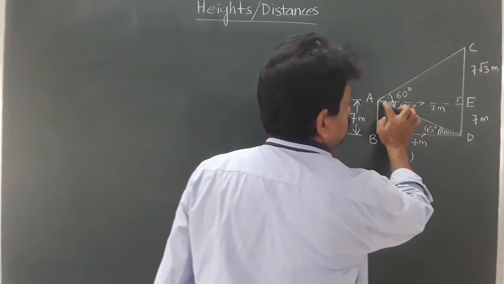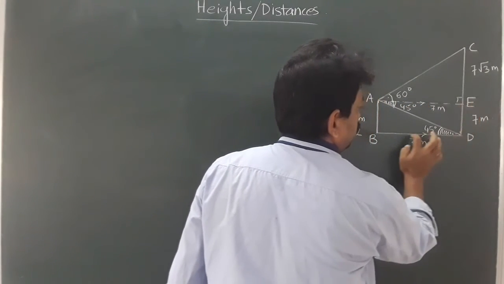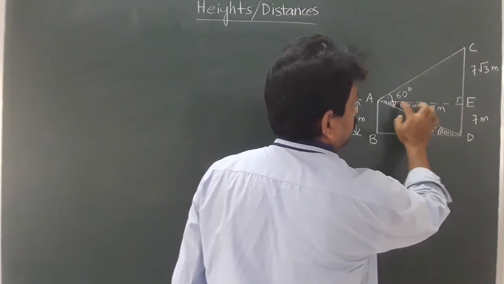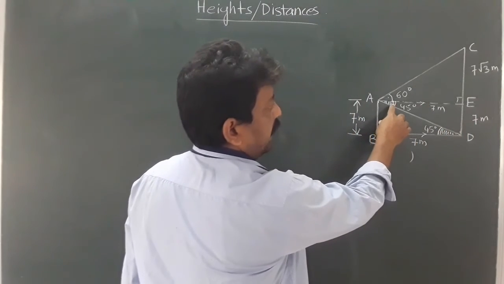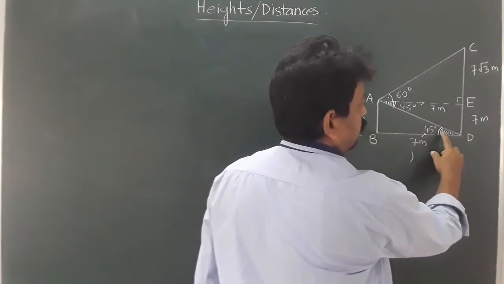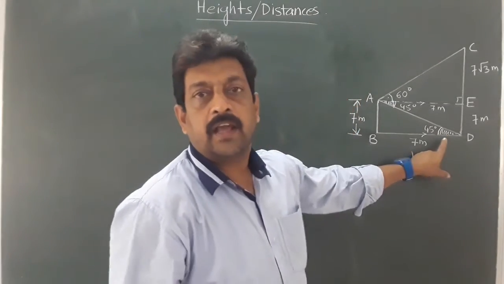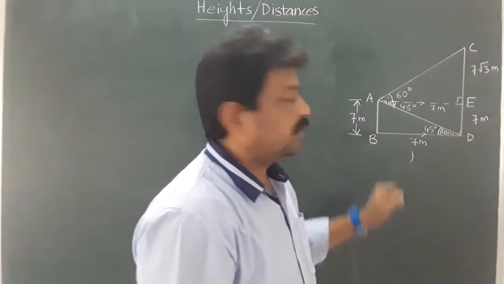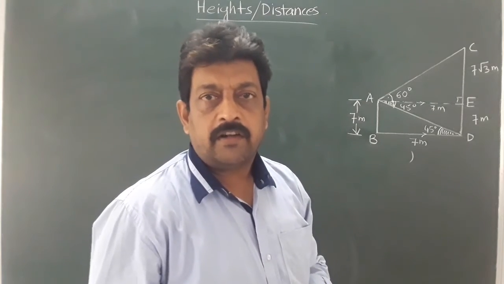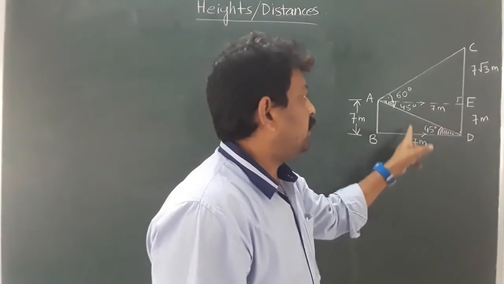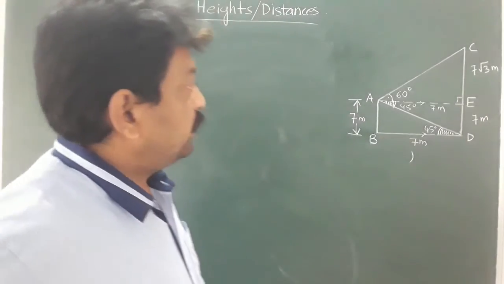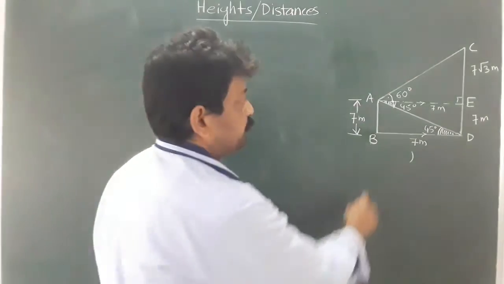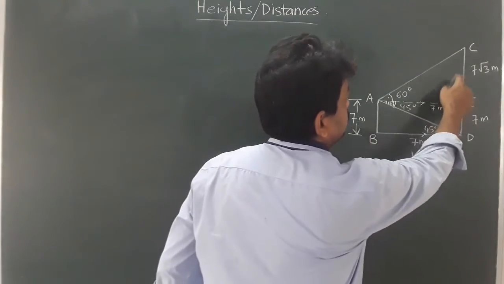Now this is the line drawn parallel to the ground level, that is the horizontal line, and since these two lines are parallel, the angle of depression 45 degree is also equal to this angle ADB, because they are alternate angles, and when lines are parallel, alternate angles are always equal. So we have got two right triangles here, ABD and CEA.